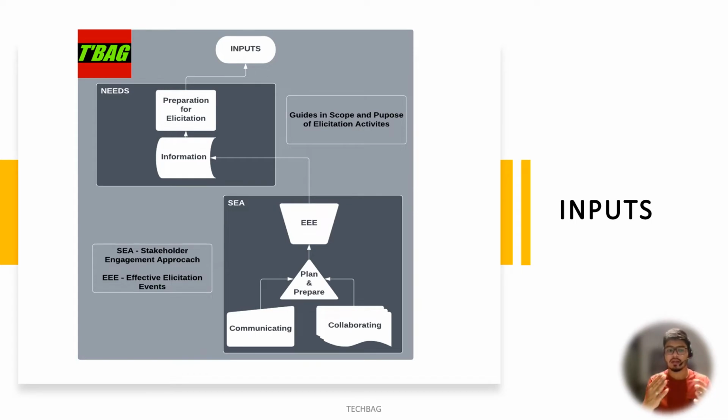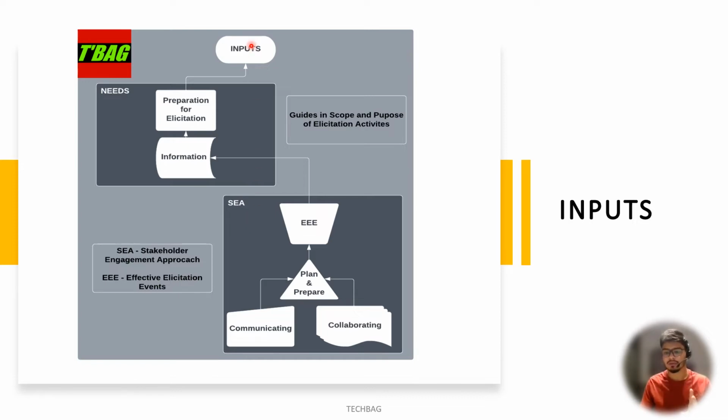That's called effective elicitation events. Those events are done and recurring so that you collect all the information, and that's where the stakeholder engagement approach comes into the picture. When you communicate and collaborate as per the plan and execute it, that gives you an effective elicitation event, and that is called the stakeholder engagement approach.